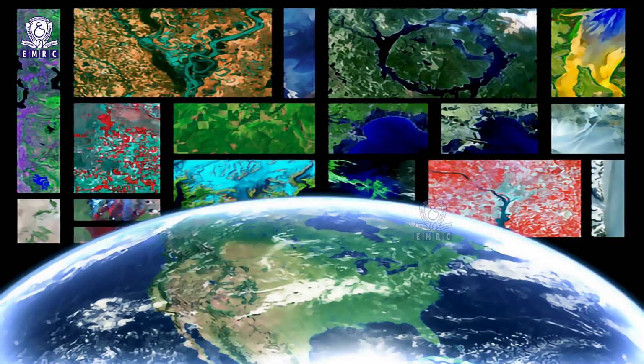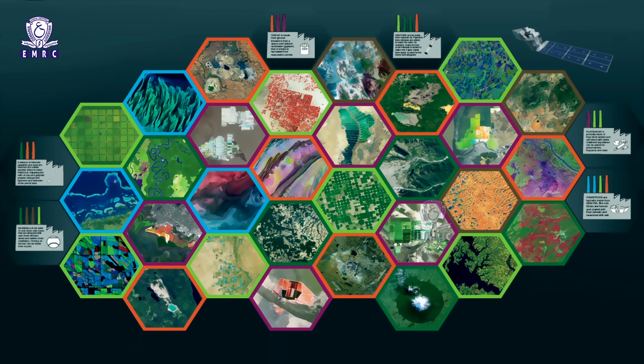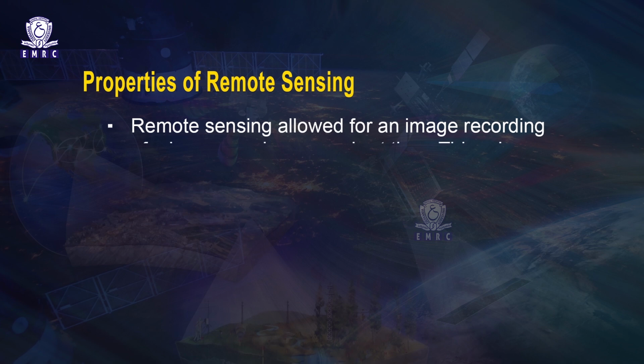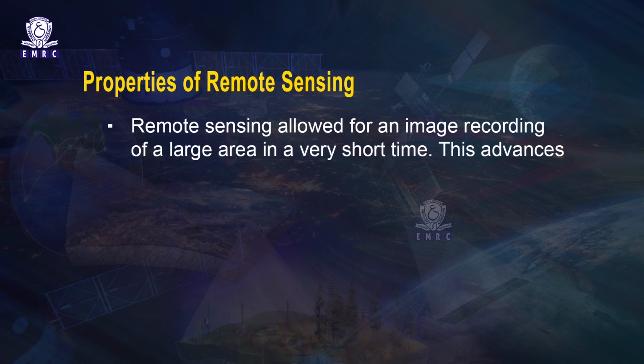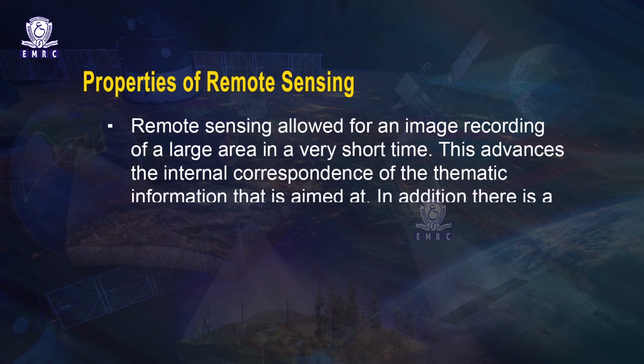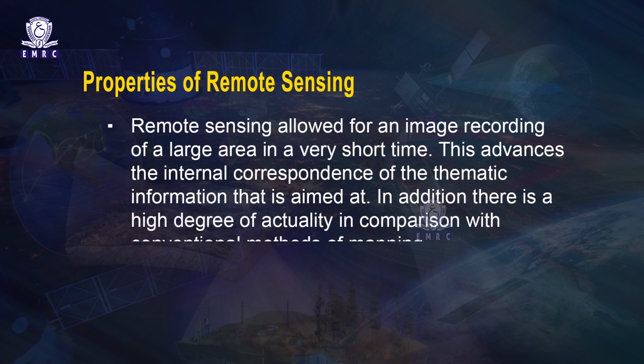Remote sensing provides area-wise information, making the traditional way of point-wise sampling of the Earth's surface more selective. Remote sensing allows for image recording of a large area in a very short time. This advances the internal correspondence of the thematic information that is aimed at. In addition, there is a high degree of actuality in comparison with the conventional methods of mapping.